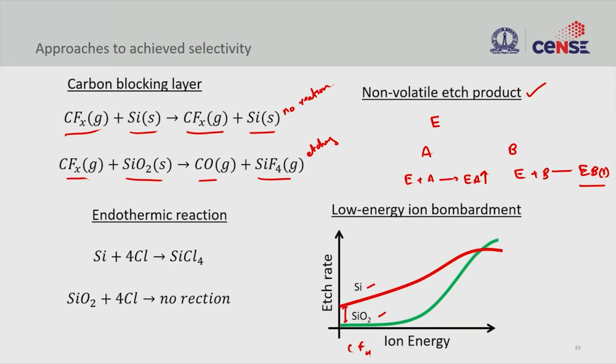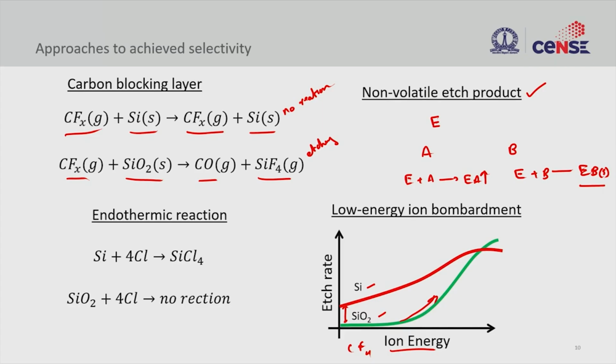But then when you start bombarding, when you increase the ion energy, your silicon dioxide etch rate increases. So in the presence of ion bombardment, your oxide etch rate would increase. And you need to find the right ion energy that allows you to maintain the etch differential.